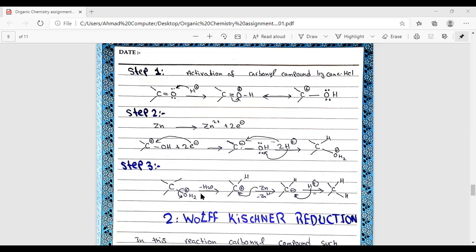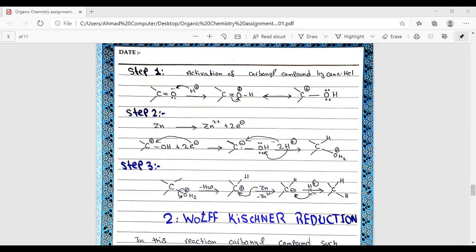In this structure, OH is eliminated, and we form the carbocation, in which the zinc again forms 2 electrons, and these 2 electrons react with the carbocation.